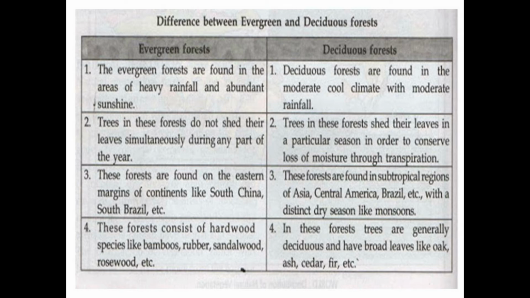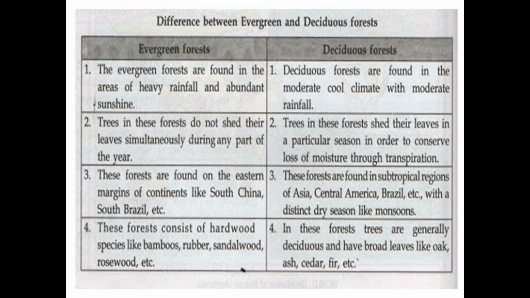They are never devoid of leaves at any time of the year. They are found in areas where rainfall exceeds 140 centimeters. Evergreen forests are found mainly in the equatorial region, Central America along the Amazon and Orinoco rivers, in Africa the basin of Congo River, and in India, they are found in northeastern Himalayas and western Ghats.